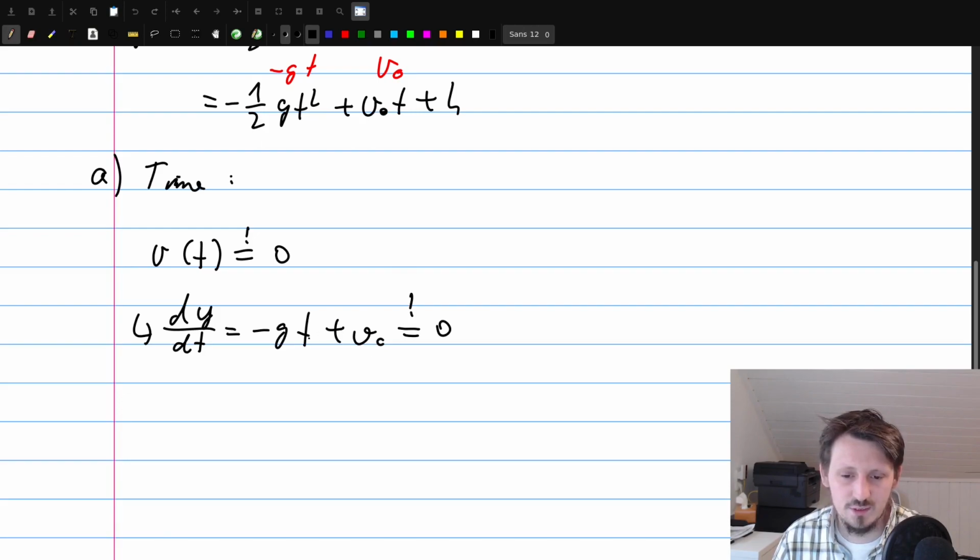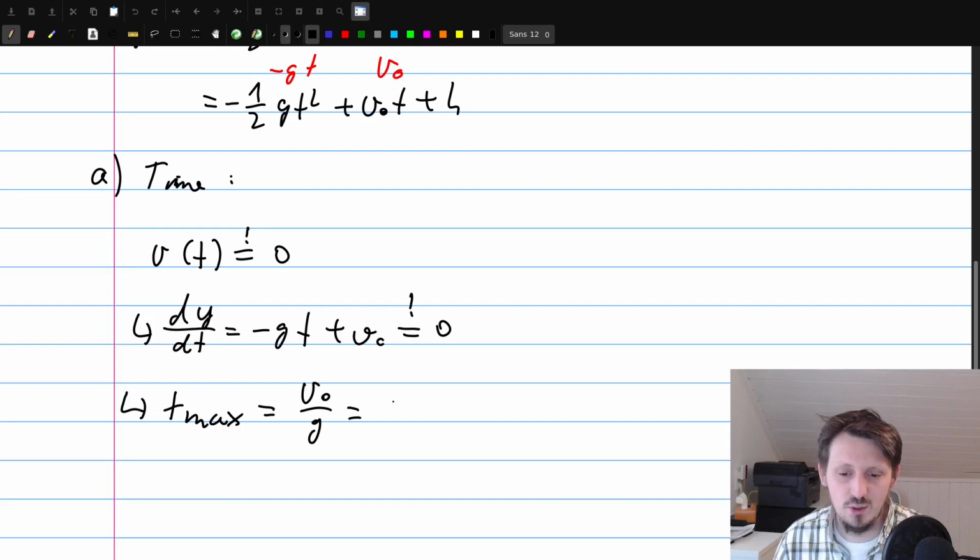So we can just basically put this term on the other side and then divide by g, and this gives then finally a formula for the time which is required to reach the maximum, and this is given as v0 over g.